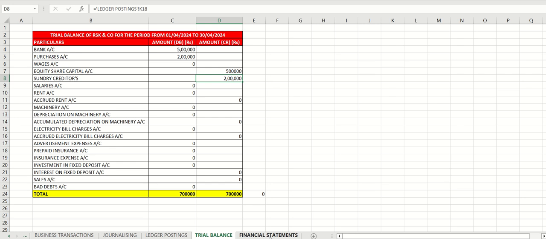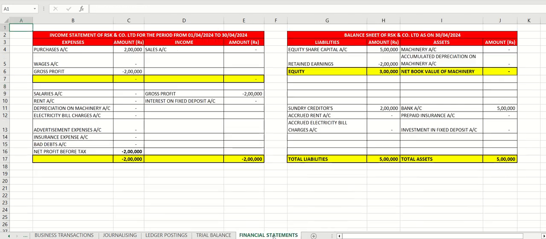We will see how this particular business transaction is supposed to get reflected in the financial statement. These purchases would get reflected under the expense side in the income statement, and the sundry creditors should get reflected under the liability side of the balance sheet.